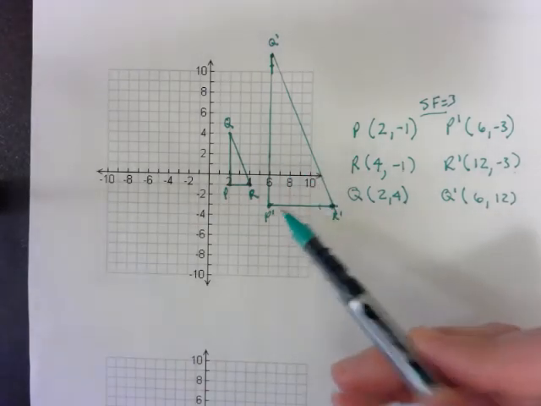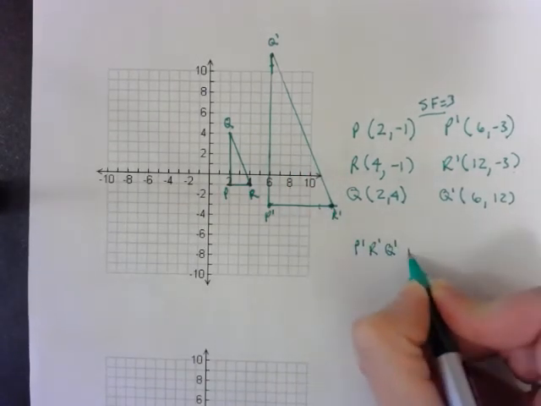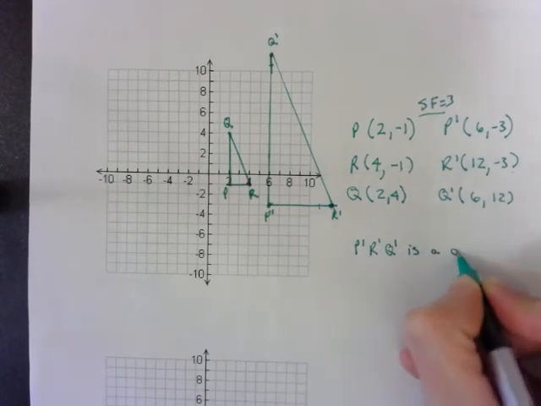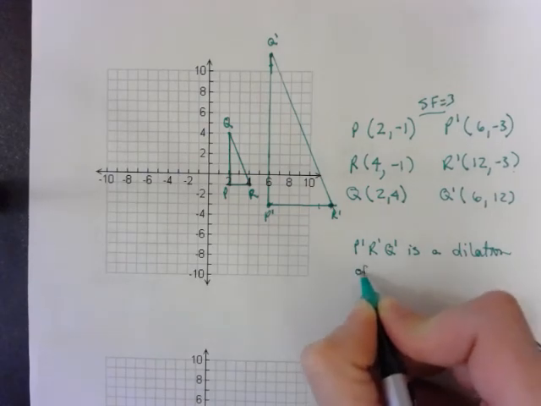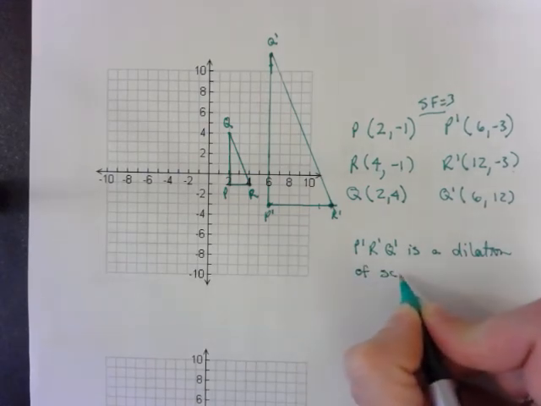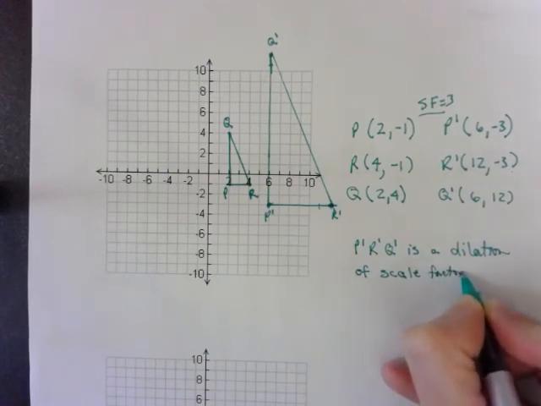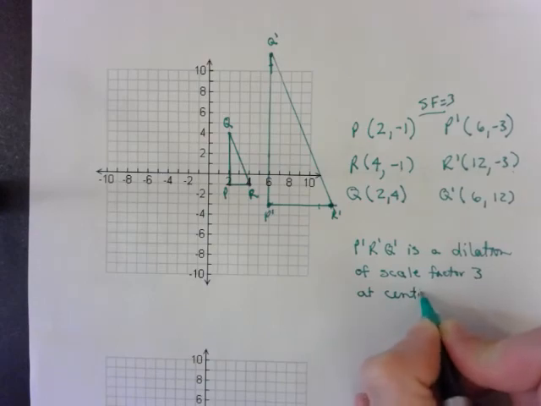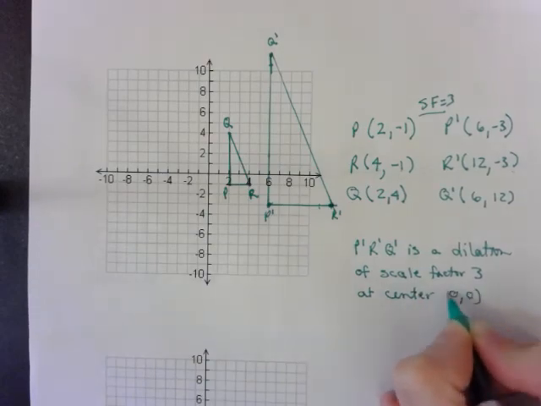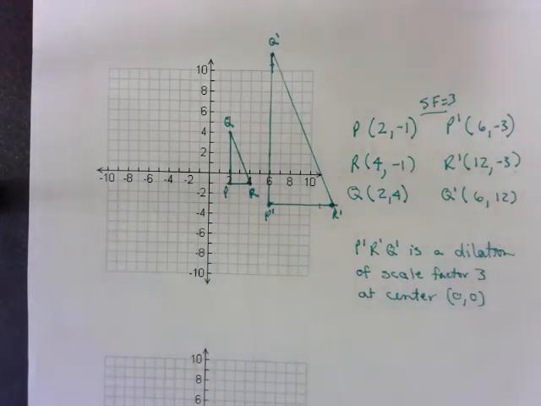And so P prime, R prime, Q prime is a dilation of scale factor 3 at center (0, 0), which is the origin. And this is the method that we set up if we have an origin. So if you have a question, just go back.